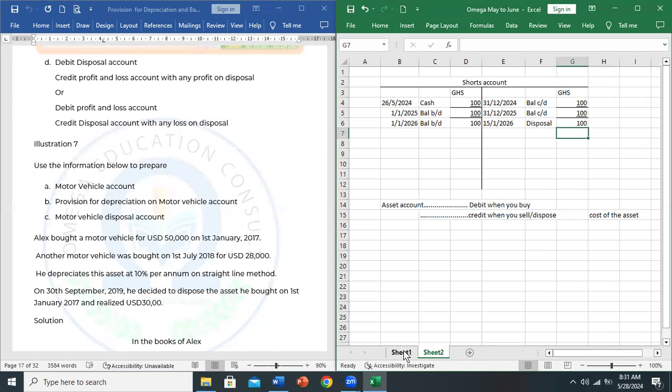Alex bought a motor vehicle for US dollars 50,000 on 1st January 2017. Another motor vehicle was bought on the 1st July 2018 for US dollars 28,000.